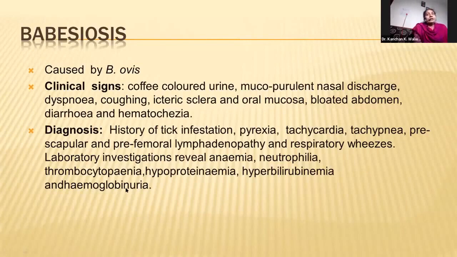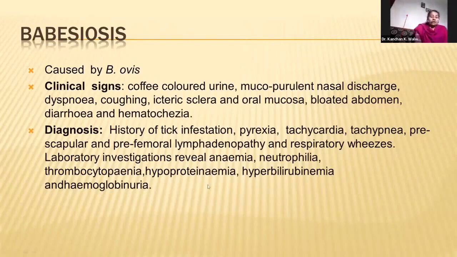Again, the Babesia goes and infects the nephrons, and it settles there, and it elicits an antigen antibody reaction there. So there will again be a problem in the nephrons, and this will cause a huge amount of damage to the renal parenchyma.